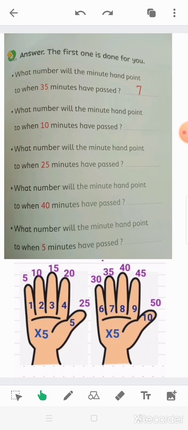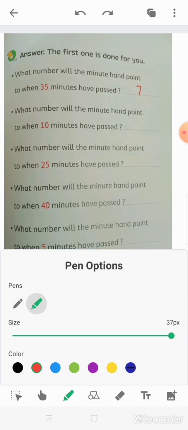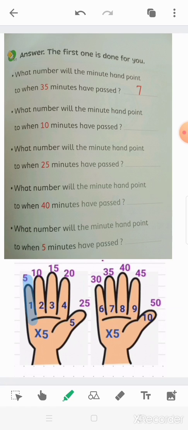Look at these hands. 5, 10, 15, 20, 25, 30, 35. Stop. How many fingers have we got? I've got 7.